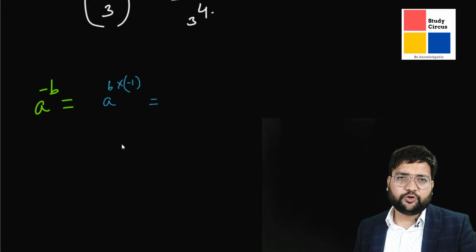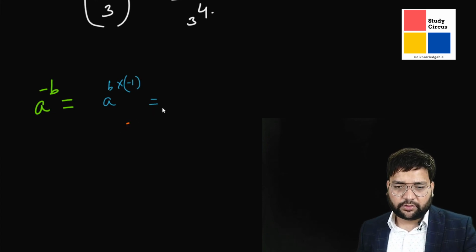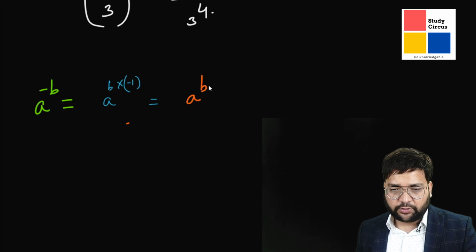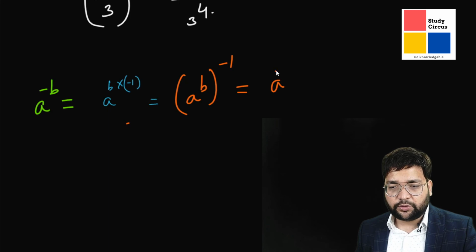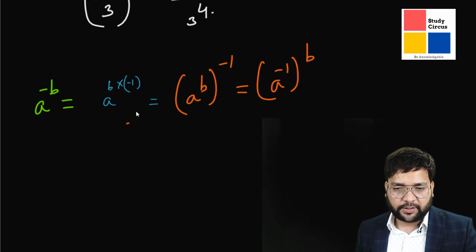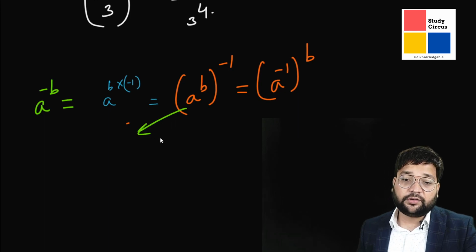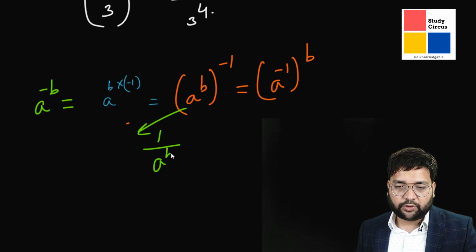So a raised to the power minus b is a to the power b into minus 1. That is equal to a to the power b whole raised to the power minus 1, or a to the power minus 1 whole to the power b. The same thing, I'm just revising. Anything to the power minus 1 is its reciprocal, that is 1 upon a to the power b.